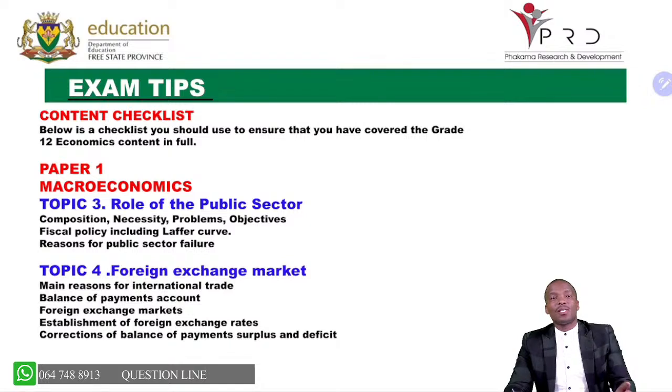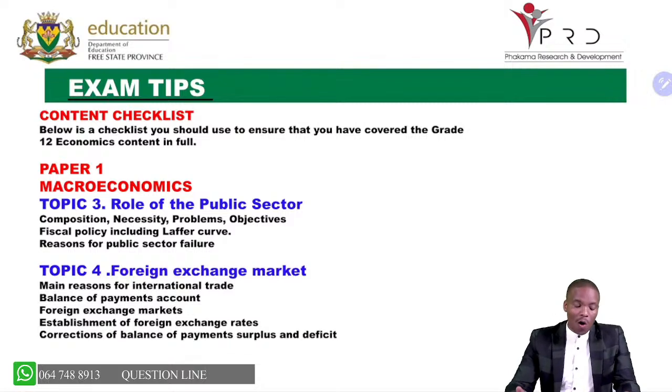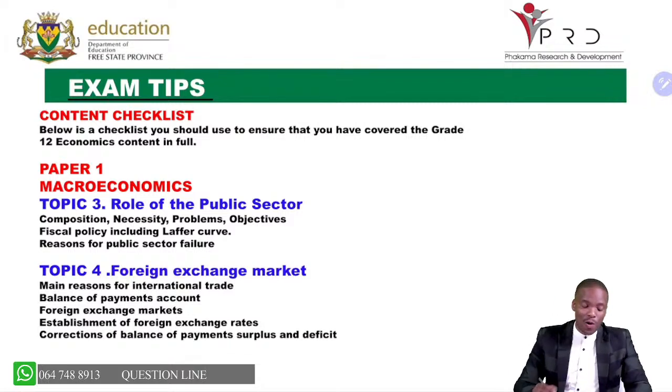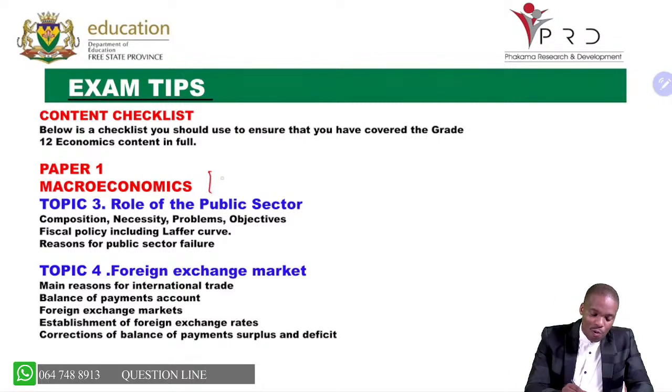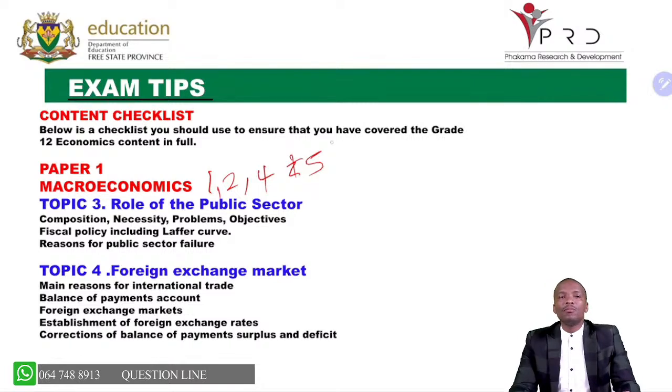So those are your 4 topics under macroeconomics grade 12. Topic 1, circular flow. Topic 2, business cycle. Topic 3, public sector. Topic 4, foreign exchange market. All these topics under macro, we know that they are possible for question 1, question 2, question 4, and question 5 as an essay.